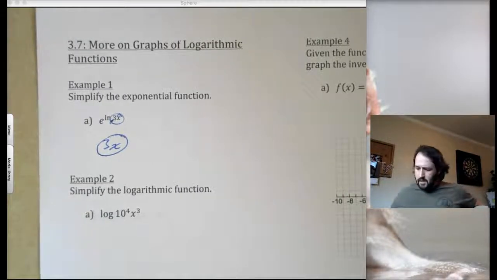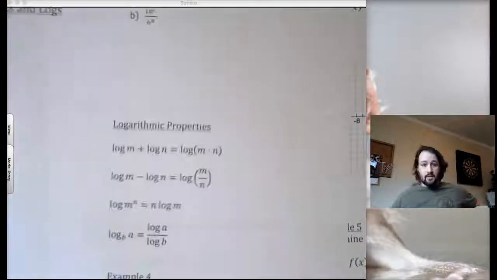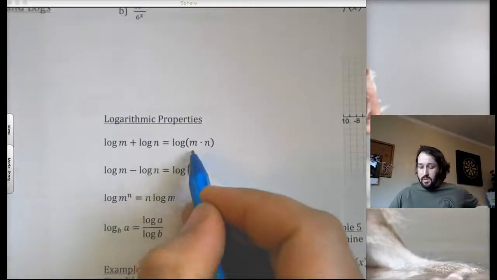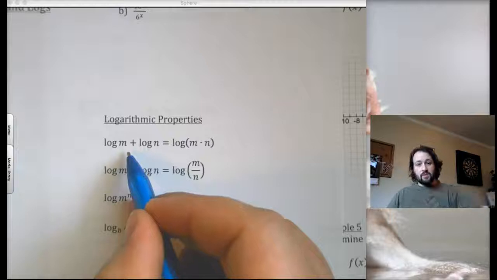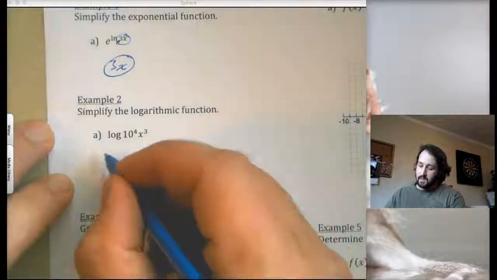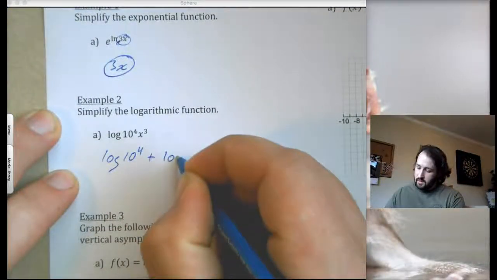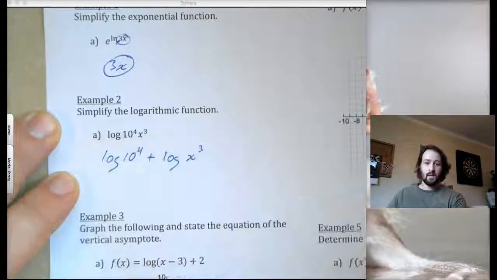All right. Simplify the logarithmic function. So here's something, again, like I said, I'll go over this in the next video, is if we have multiplication, we can turn it into addition with the same logs. So with this, what this does is it becomes log of 10 to the 4th plus log of x to the 3rd.